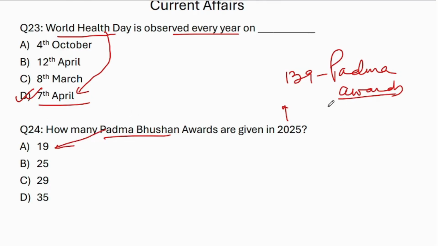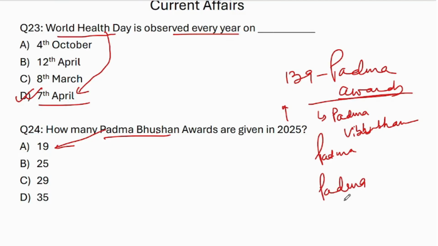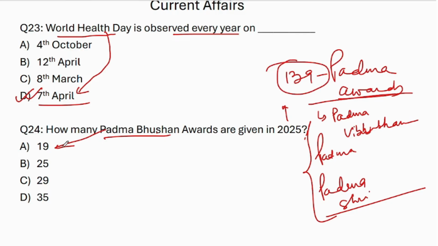So in Padma, you know that there are Padma Vibhushan, then Padma Bhushan, and then Padma Shri. So these are the three categories in Padma Awards. In 2025, total 139 awards were given. Out of that, 19 were Padma Bhushan awards. Now, in the comment section, you give me the number for Padma Shri and Padma Vibhushan.